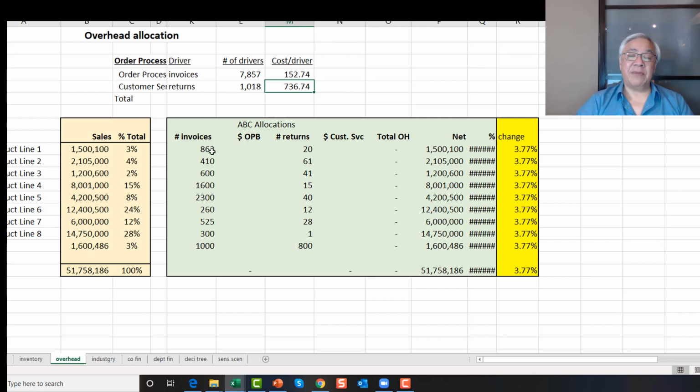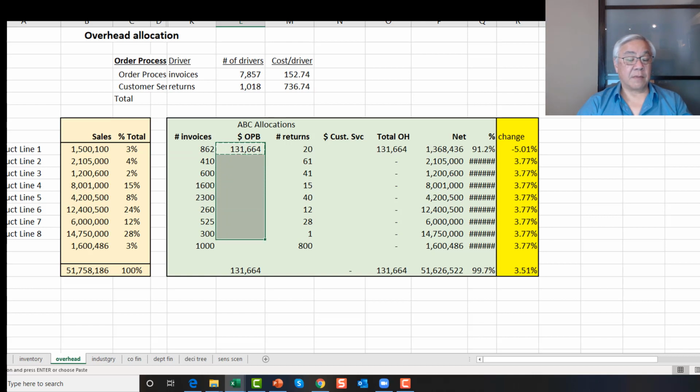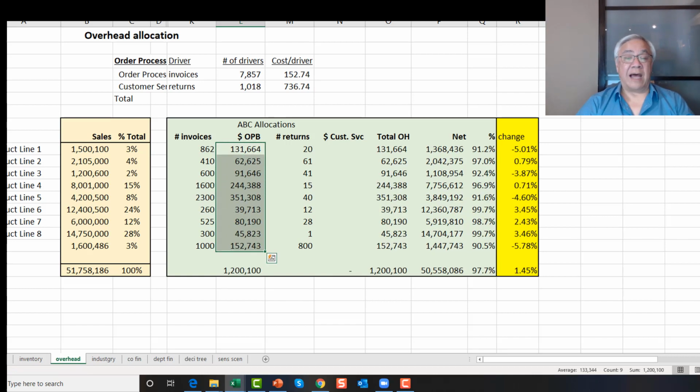Now we say, okay, how many invoices were issued for product line number 1? Here it's 862. So the charge should be number of invoices times the cost per invoice. And again, let's lock that with F4 and copy it. And then we allocated the full 1.2 million as we did before.